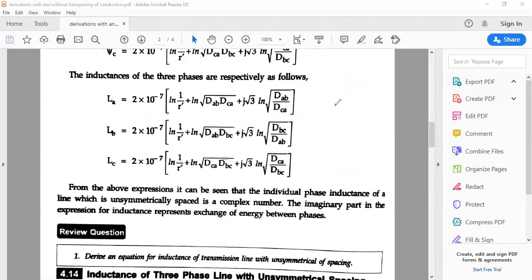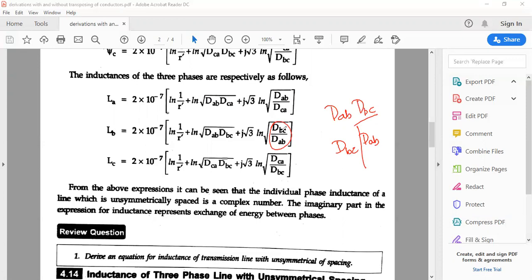Similarly, this one, which is LB, the inductance of the term DAB, DBC, I can write it like this. Instead of writing DBC and DAB, I can divide it by this term which is present here.